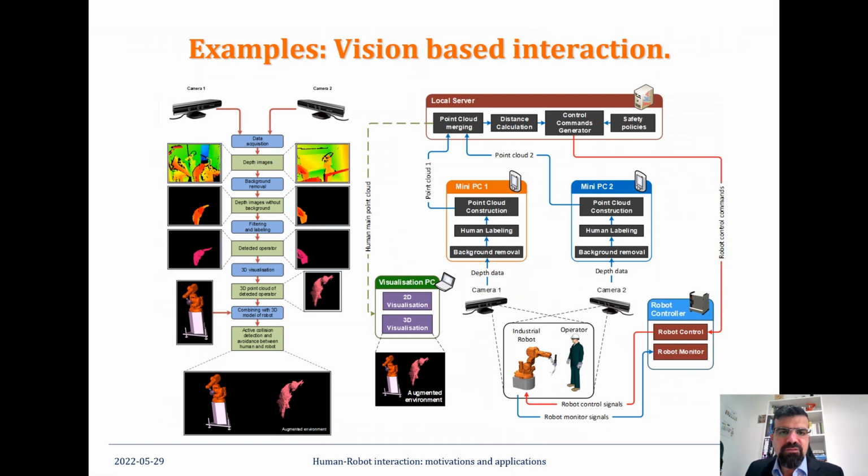In this case, those cameras are installed in the space that is shared between the human and the robot. These cameras will capture the human body as a 3D point cloud, and this 3D point cloud will represent the human.